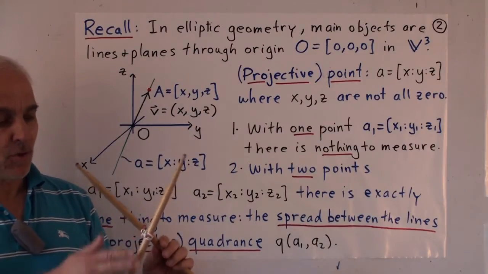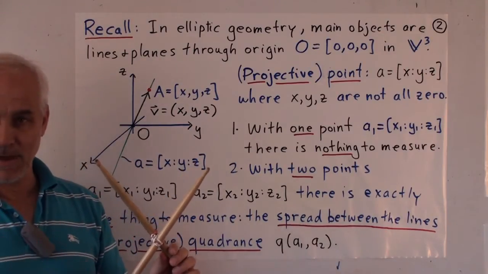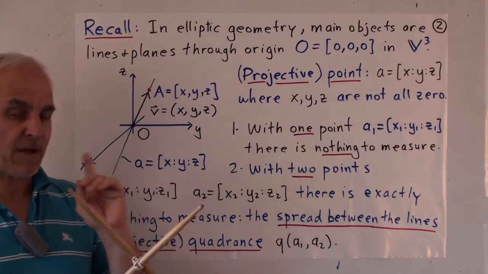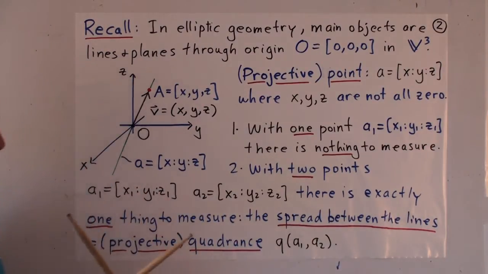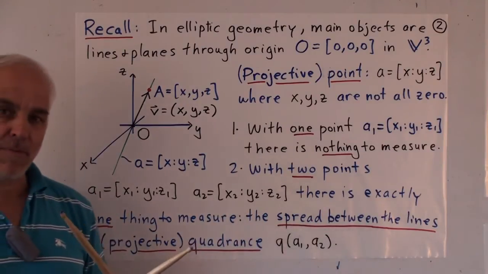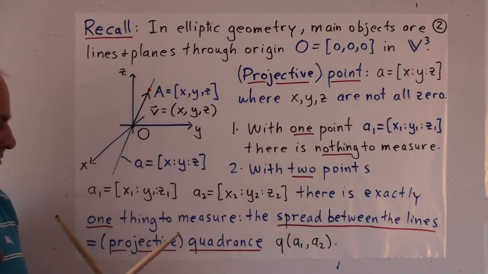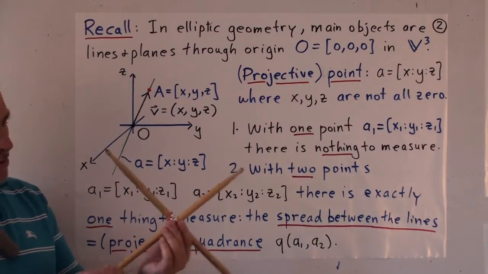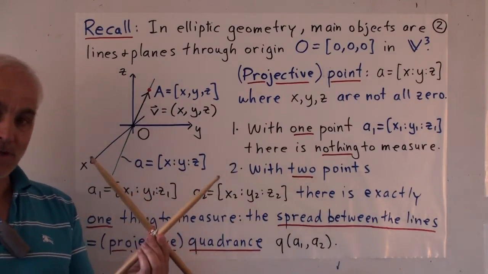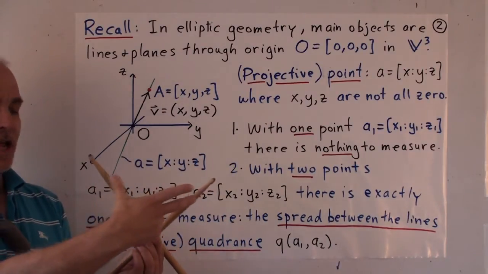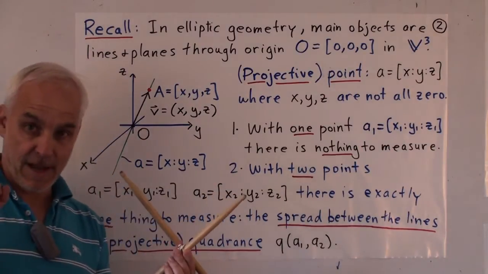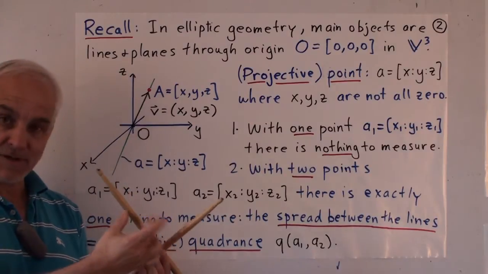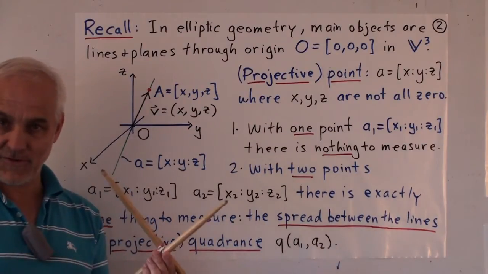Angles are notoriously difficult to actually compute with. We're going to be measuring things much more algebraically and pleasantly with this concept of spread that comes from rational trigonometry. So the spread between these two lines is going to be a number that we're going to associate to these 2 points. And because we're calling these things points now, we're going to refer to this number as a quadrance.